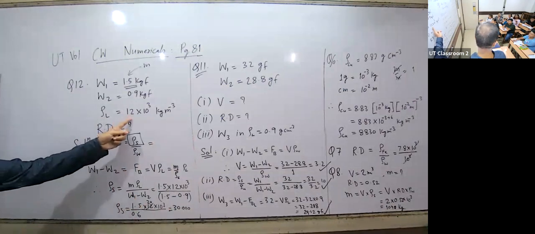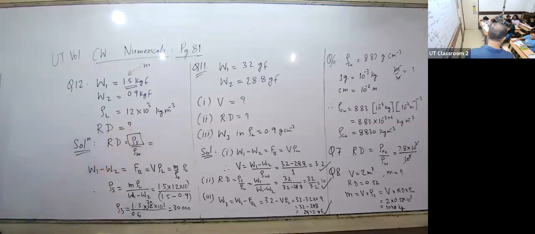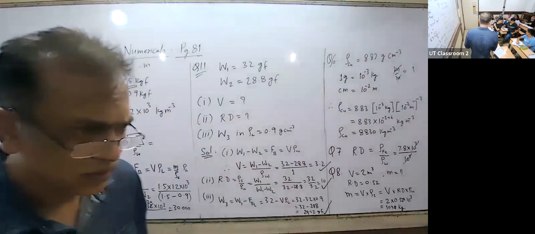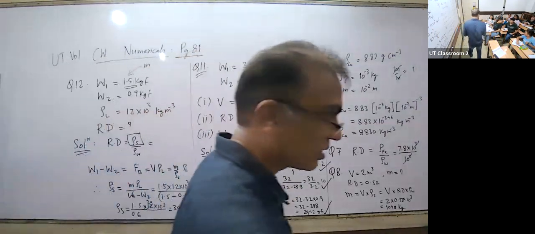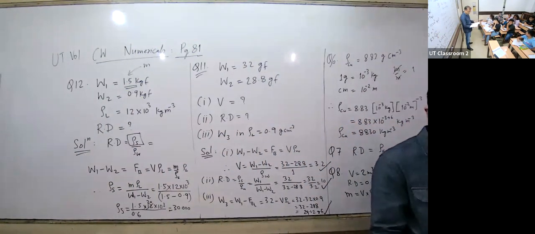ये क्या है, density? 12 है कि 1.2 है? टाइम चला है इसमें. नहीं, हो ही नहीं सकता है, ये सॉल्व किया है हमने क्वेश्चन लास्ट क्लास में. ये मिस्टेक है क्या?